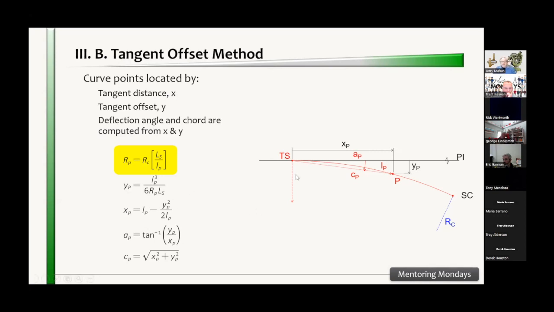And then X is equal to that distance minus the offset squared divided by 2 times that distance. So the angle is going to equal the inverse tangent of this over this for a right triangle, and then the chord distance is actually going to be slightly different than that approximate chord distance by using those coordinates. So it's a little bit more complex, but not that different when we're dealing with short spirals.